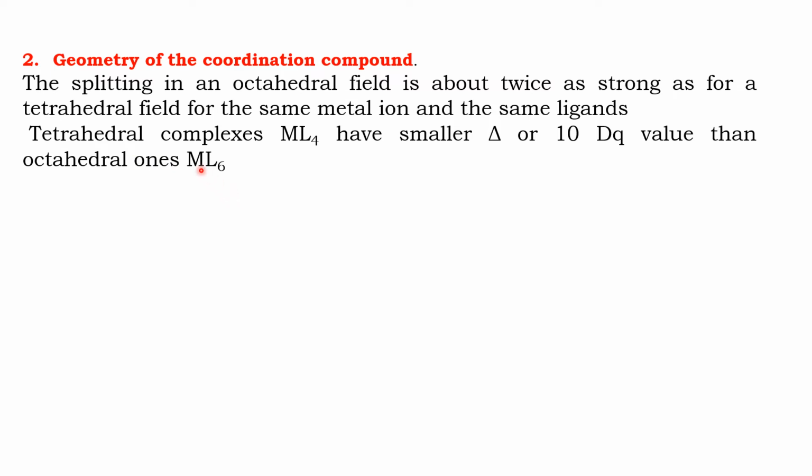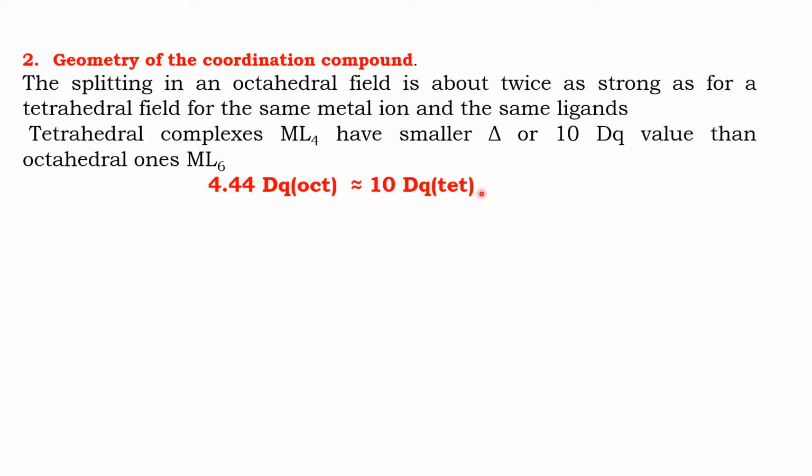So tetrahedral complexes have a smaller 10Dq value than octahedral ones. We have to find out how the quantity is related for octahedral and tetrahedral complexes. See here, 4.4 Dq of octahedral is equivalent to 10 Dq of tetrahedral.